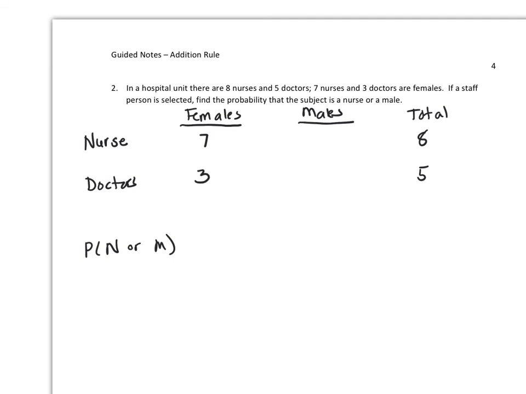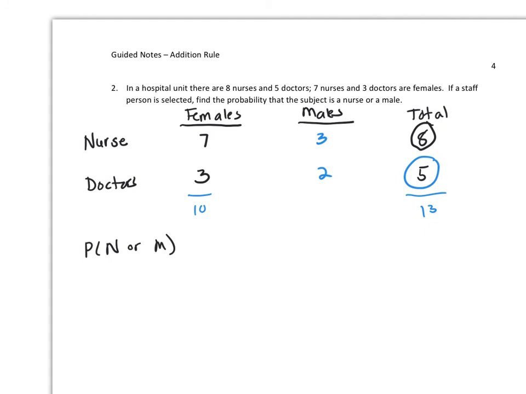It goes in that spot. If a staff person is selected, find the probability that the subject is a nurse or male. Well, we have a total of 8 here, so that means this must be a 3. And a total of 5 here, that means this must be a 2. So we got a total of 13 people, and that makes sense.